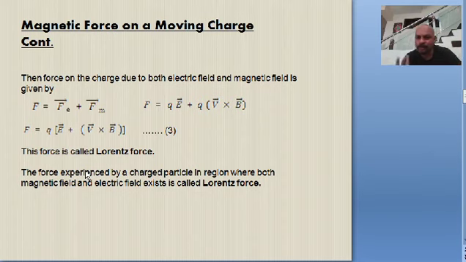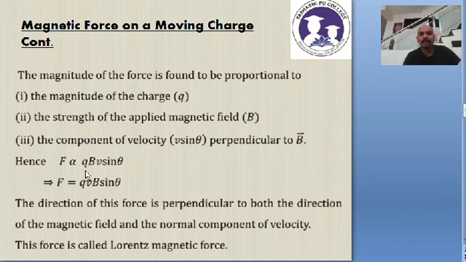What do you mean by Lorentz force? Lorentz force is the total, net force experienced by the charged particle moving in electric and magnetic fields, when both the fields exist. This is the magnetic force. Notice, dear students, as I told you, F is equal to QVB sin theta.